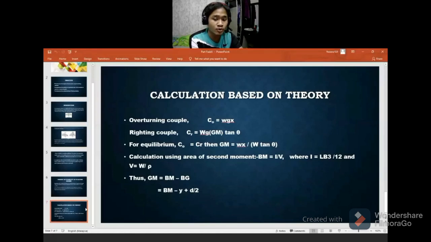L is the length of the pontoon and b is the width of the pontoon. And the last formula is V equal to total W over rho. Capital W stands for the total mass of the pontoon with vertical height, and rho is the density of water.